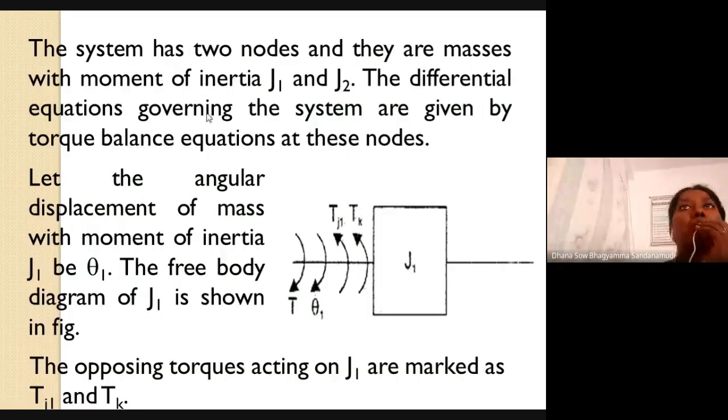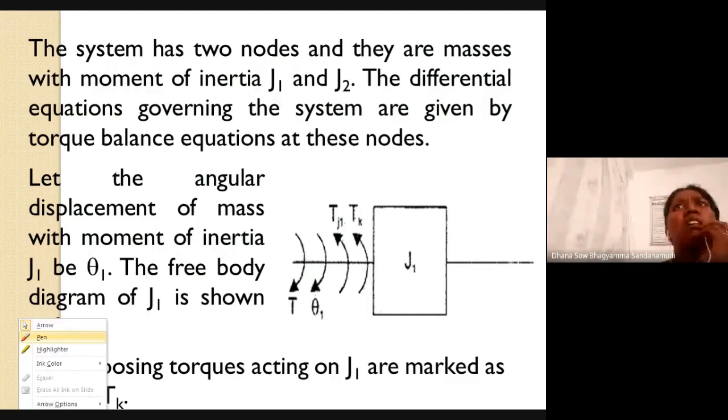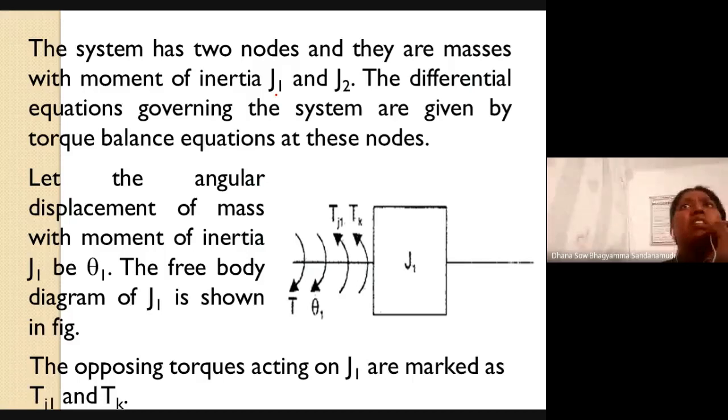Here the system has two nodes, J1 and J2. So you have to determine the differential equations governing the system. Let us consider the first free body diagram at node 1.